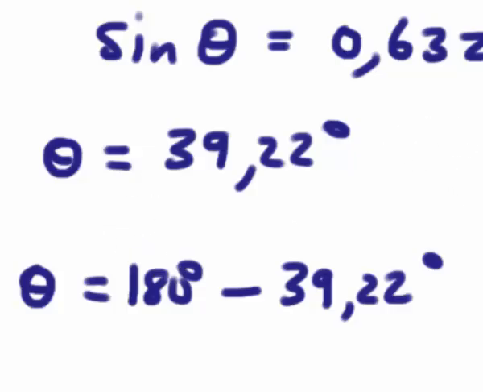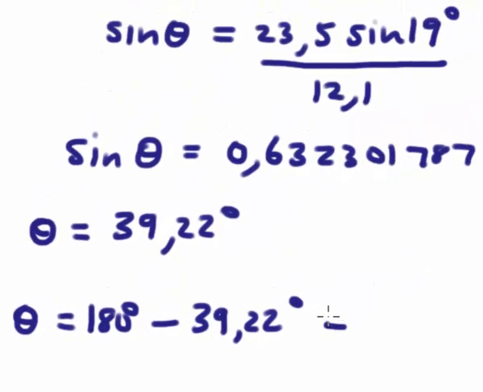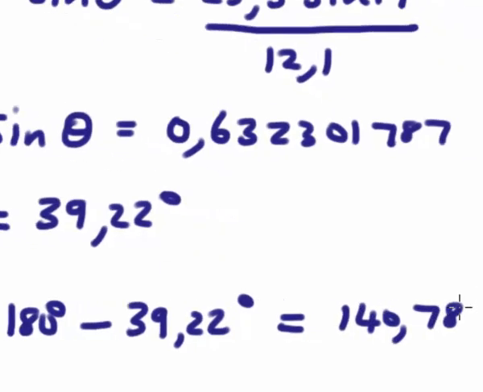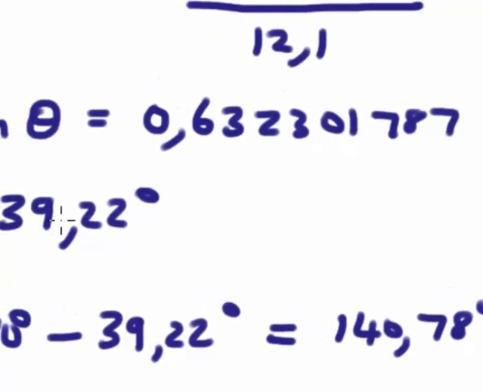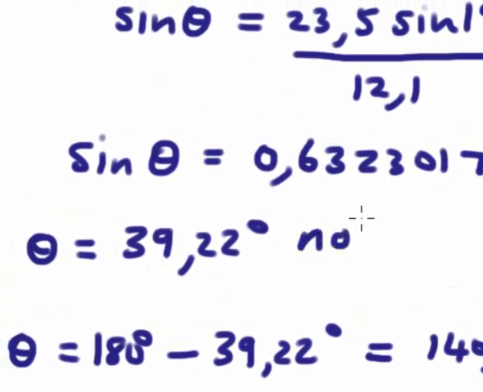So I'm not going to add K times 360 to these guys, simply because we have angles that are only from 0 to 90 degrees to 180 degrees. Okay, so you're not really going to be worried about that. This angle here, 180 minus 39,22, becomes 140,78 degrees. Okay, now the other angle is not applicable, it's not valid, because in the diagram the angle is obtuse.